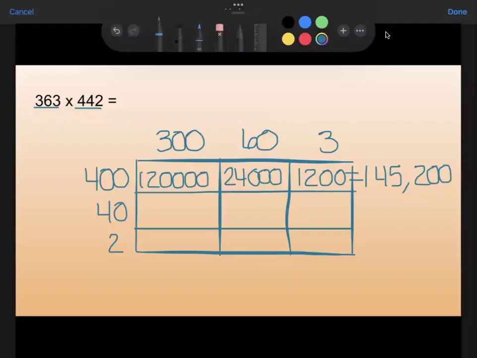Okay, so now to the middle row. 300 times 40 is 12 plus 3 zeros. 60 times 40 is 24 with 2 zeros. And 3 times 40 is 12 with 1 zero.